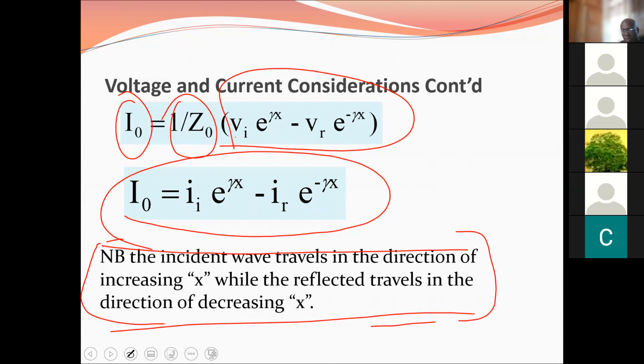And for the reflected, it's a decreasing X. So that's how the negative comes into play. Okay.